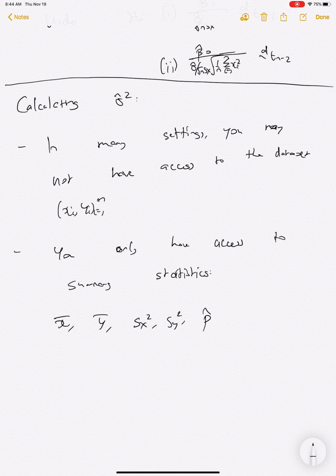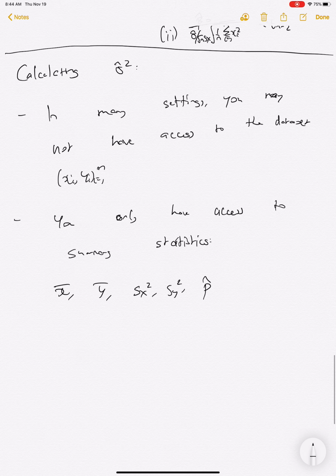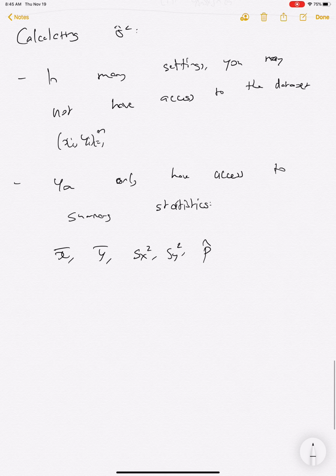These are the sample means, the sample variances, and the sample correlation. And so the question is then, we know how to calculate beta hat 0 and beta hat 1 from these summary statistics.